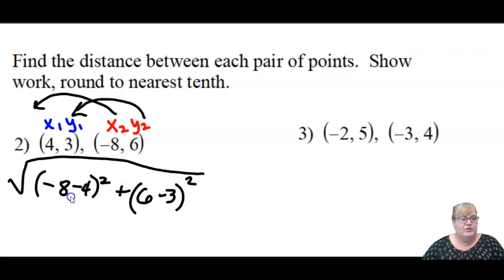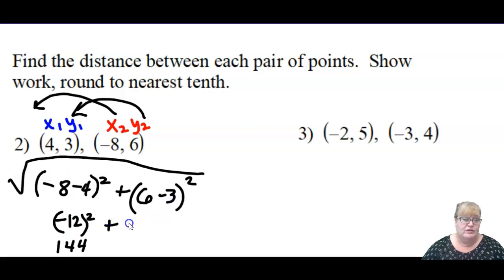Now you can type this on your calculator, and you will need the parentheses because this is -12, and when we square it, it needs to come out a positive 144. Again, you could just type it all in your calculator.